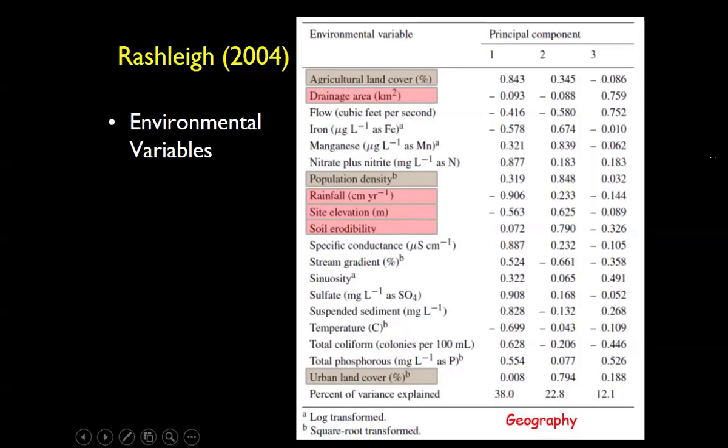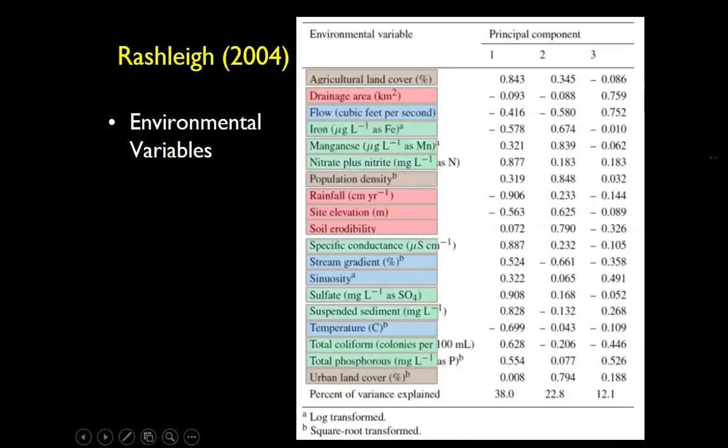So, erodibility of the soil, elevation, rainfall, drainage area. Then these things here, flow, also including hydrology, gradient, sinuosity, temperature. I thought of that as more like what the actual habitat is like in this stream. And then a bunch of these things. What are these green things here? Yeah, water chemistry.